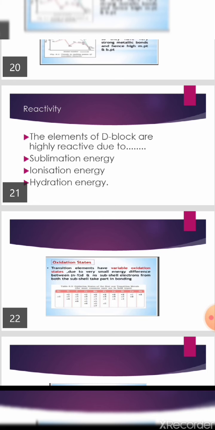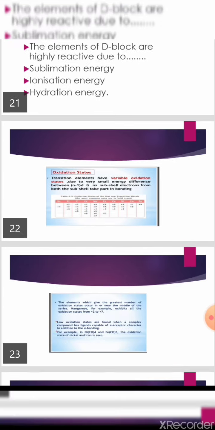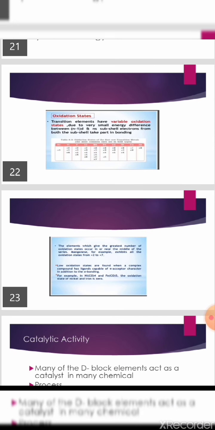The second reason is that d block elements have a small ionization potential, and the third reason is that the ions of these elements do not get easily hydrated, hence their hydration energy is low, so the d block elements are highly reactive.